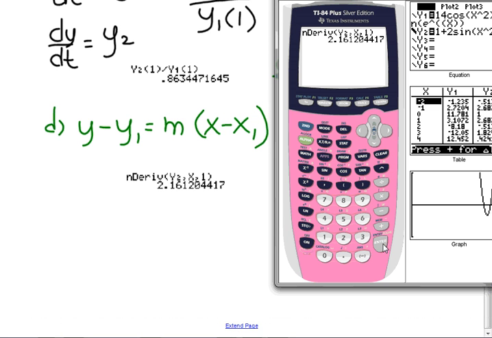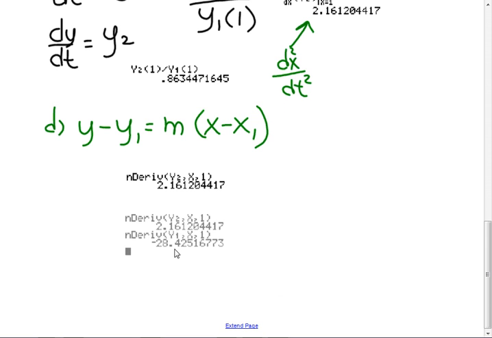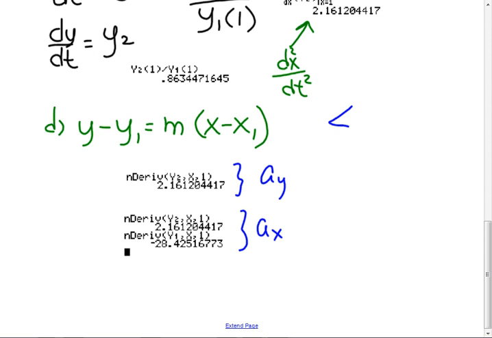I'm going to second enter and just change this to Y1. And I better label them with the right ones. So this one is A sub Y, and this one is A sub X. They use these funny looking parentheses. Who cares? They don't care.